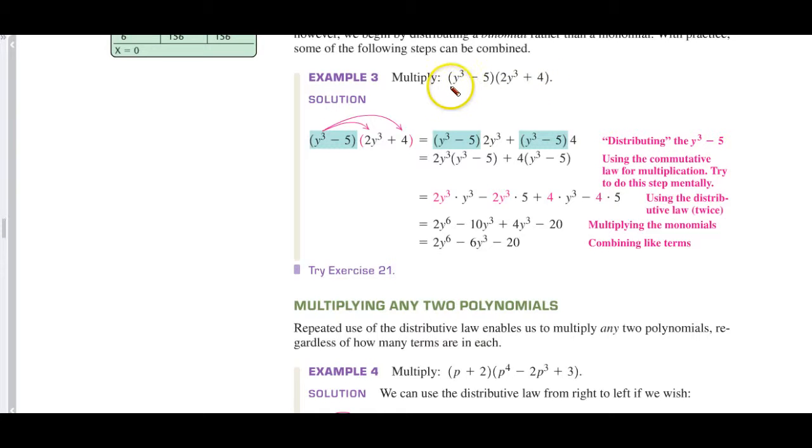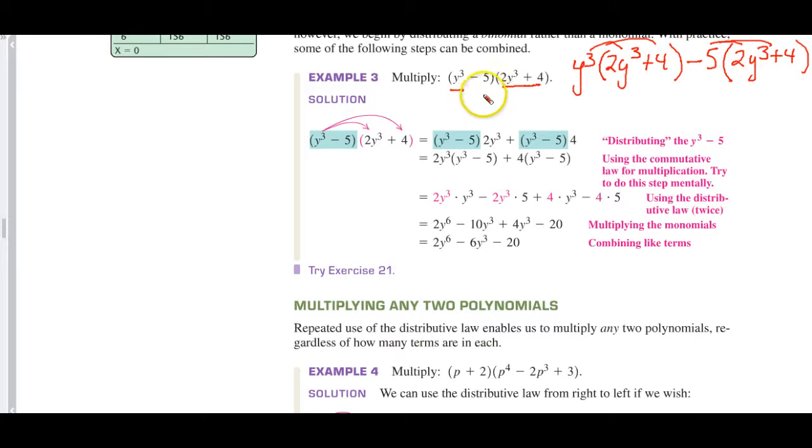That I would take this first term, which is y to the third, and times it by this. And then I would take this second term in the first binomial and times it by this. And many of you may have learned it this way. And then we just distribute.